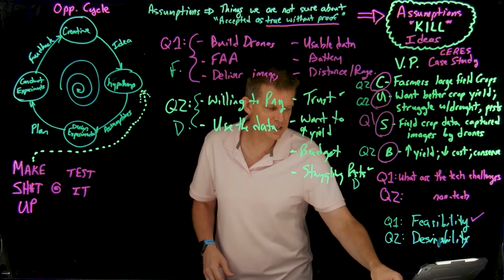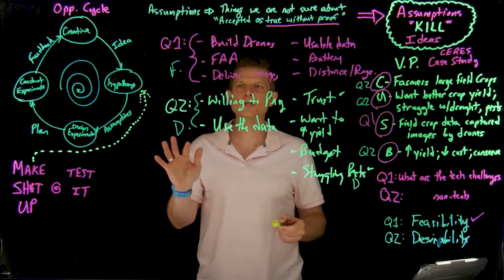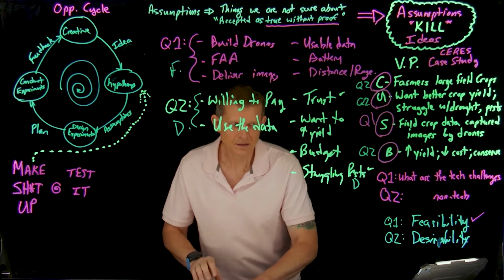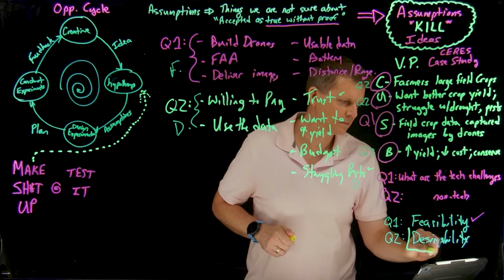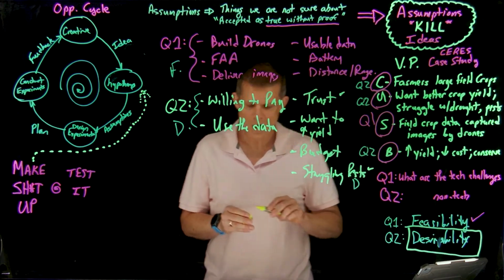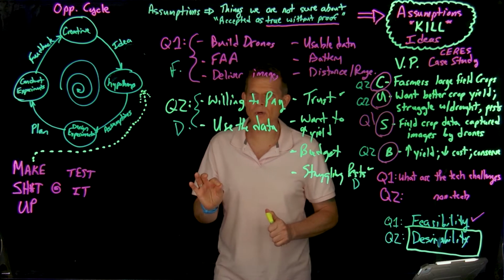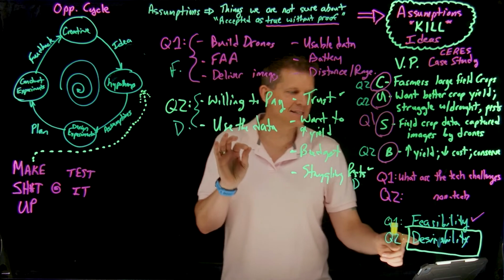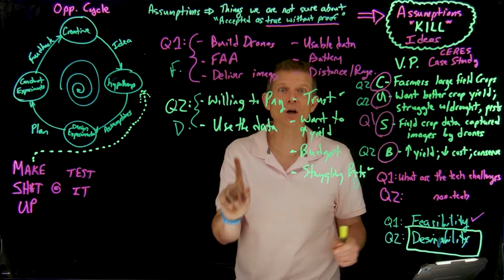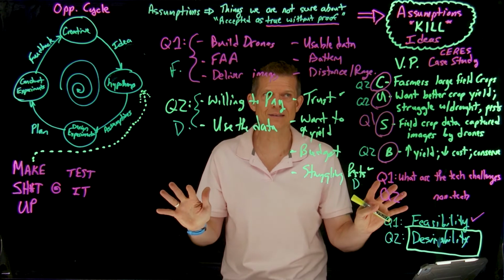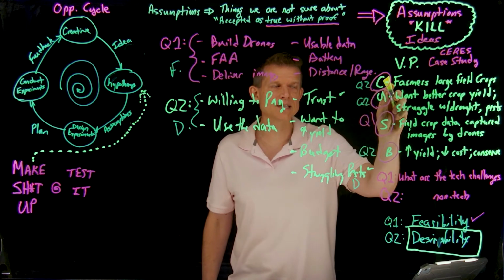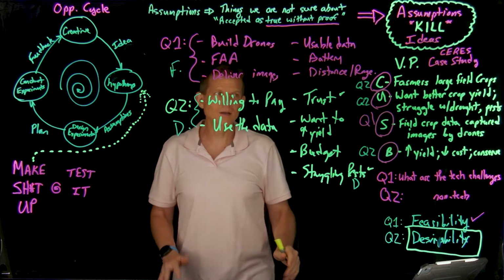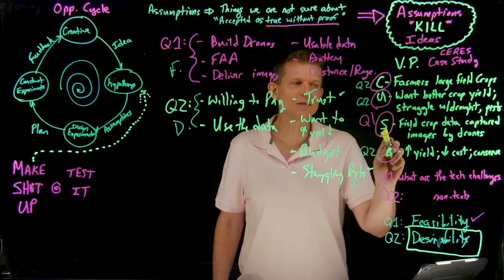The assumptions we always want to prioritize: desirability. We always, as an entrepreneur, want to prioritize testing our desirability assumptions first. Always. We always want to test our assumptions about the customer and the unmet need before we test any assumptions around solutions.